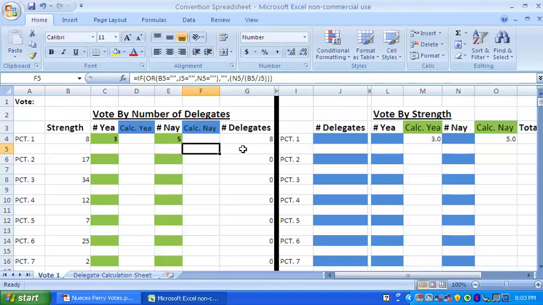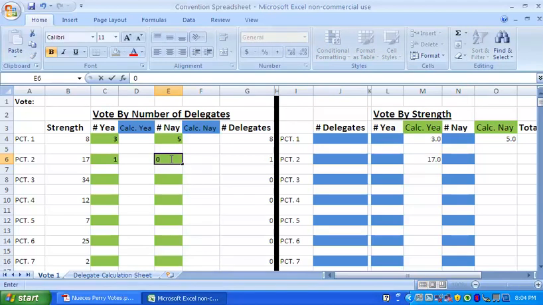Now what happens in a scenario when you have, let's look at Precinct 2. What happens when you have 17 votes and only 1 person's there, which is a very real possibility? And let's say because there's only 1 person there, there's going to be 0 votes for nay.